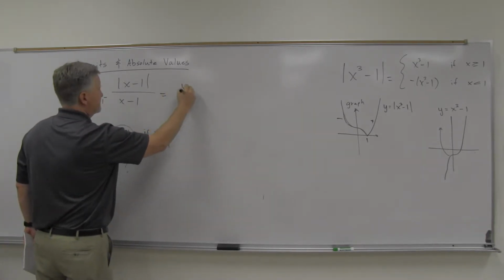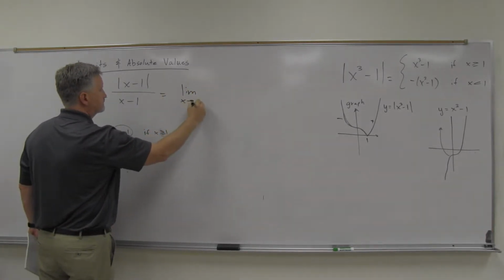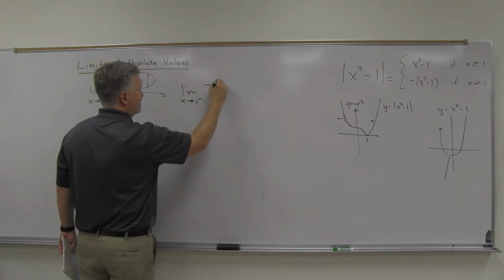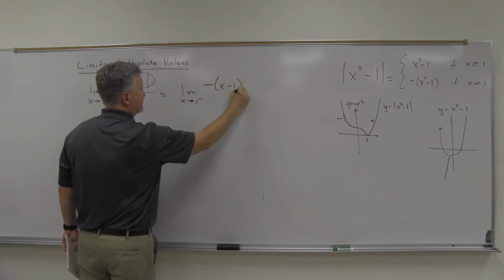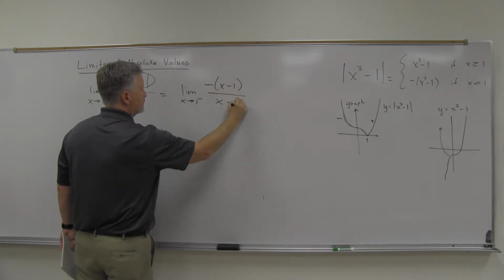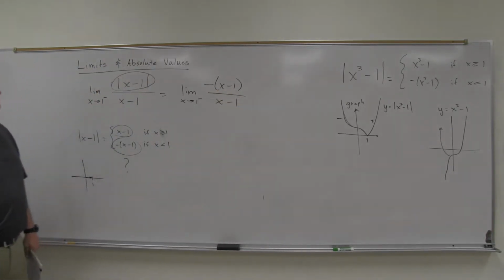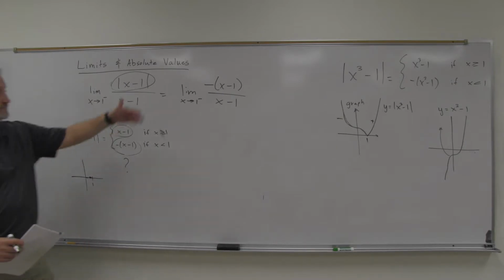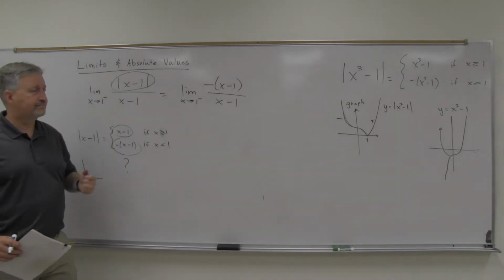So I'm going to rewrite this limit, and I'm going to replace the absolute value by the minus of x minus 1. Because now, without that absolute value in place, I can look at some canceling, can't I?